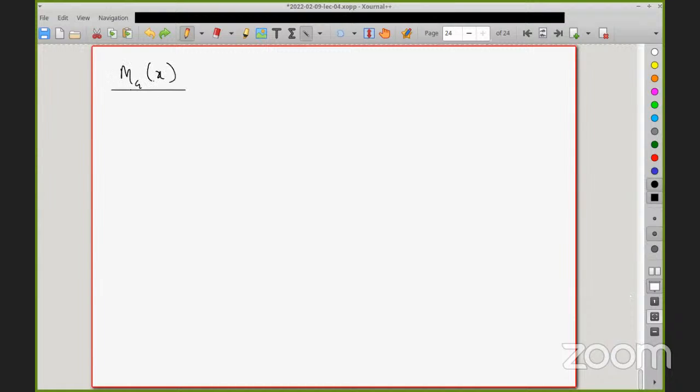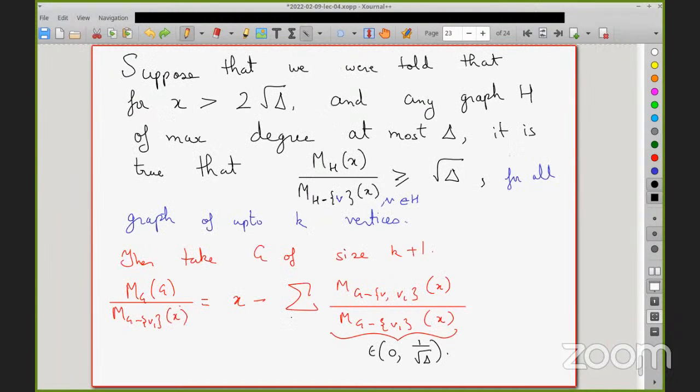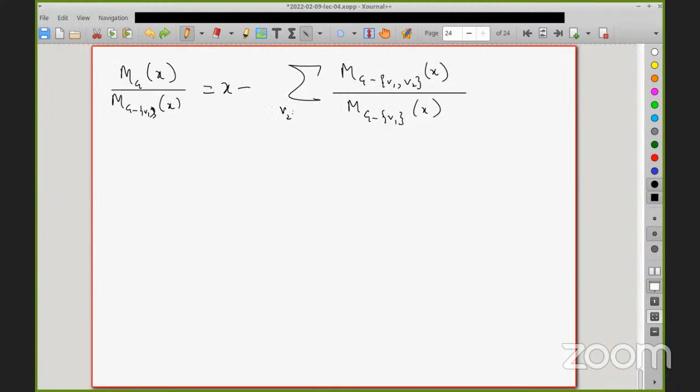Then we get that m_G(x) over m_{G-v}(x), which is x minus this summation of m_{G-v1-v2}(x) over m_{G-v1}(x), where the sum is over v2 a neighbor of v1, and each term is between 0 and 1 over root delta.